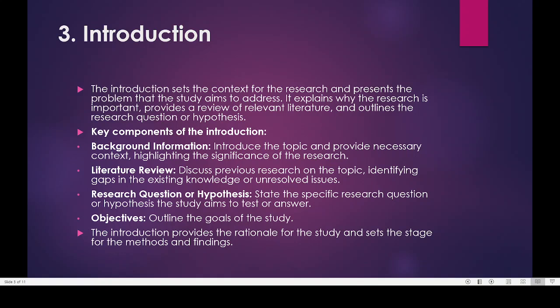Objective, outline the goals of the study, what I am going to study, how many species of birds, which are the major families of birds present here, and are there migratory birds or non-migratory birds. So these are the objectives of the study. So introduction provides a rationale. Rationale means a logic, a rationale for the study and sets the stage for methods and findings.